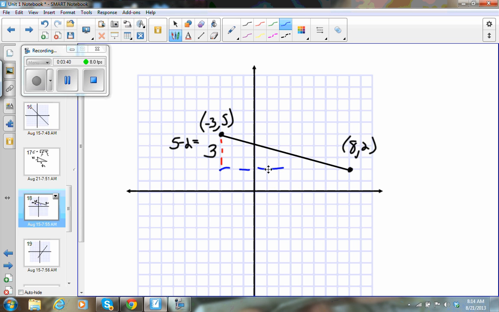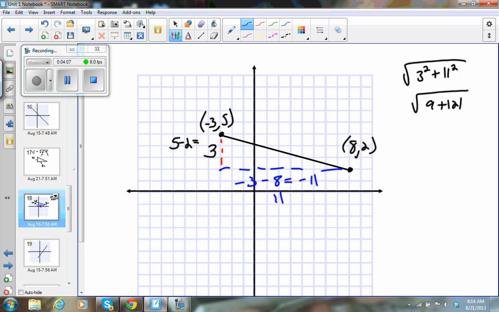And then when I go this way, -3 minus 8 is -11, but we're talking about distance, so do I use a negative? You're right, I should use a positive. So plug that into our formula: the square root of 3 squared plus 11 squared, the square root of 9 plus 121, the square root of 130. If you type the square root of 130 into your calculator, what do you get? You should have got 11.4 as your answer.